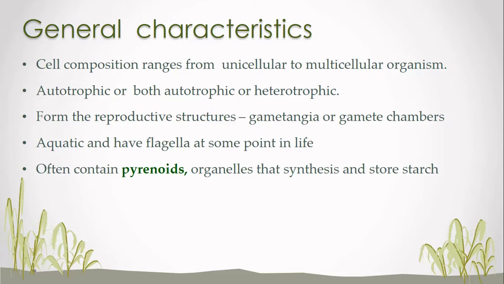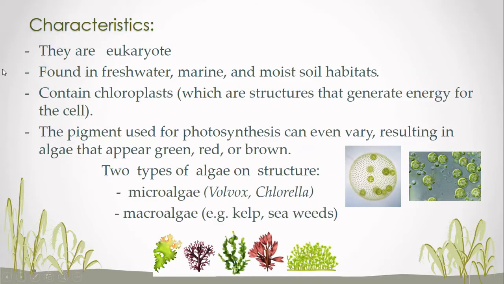So these are organelles that synthesize starch. So murag mga pigments like chlorophyll. So they are eukaryotes also. So these are the first group of cells under the eukaryotic domain. So they are the simplest form of living eukaryotes.